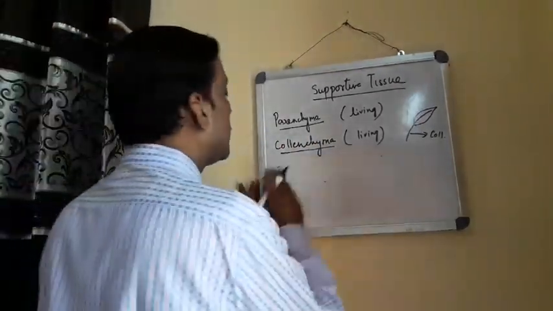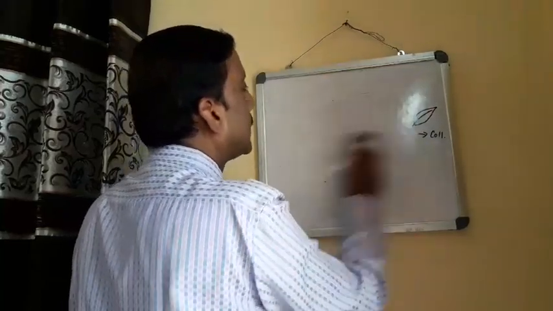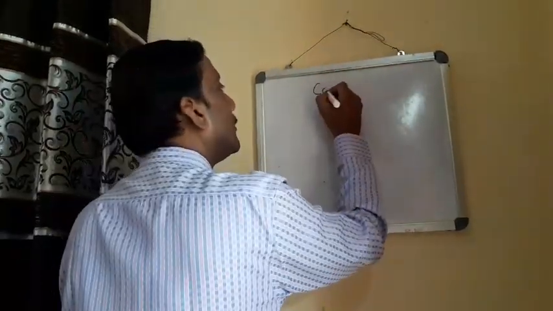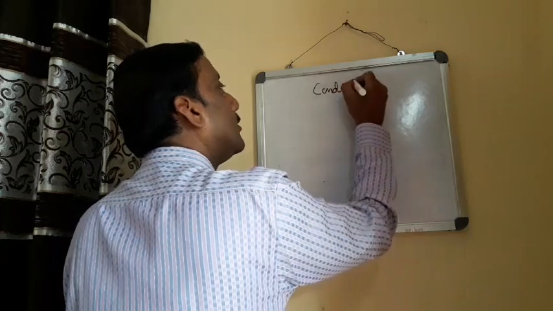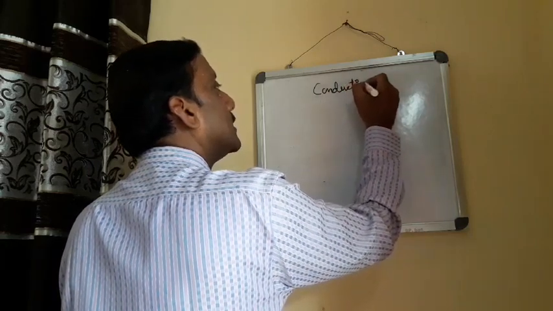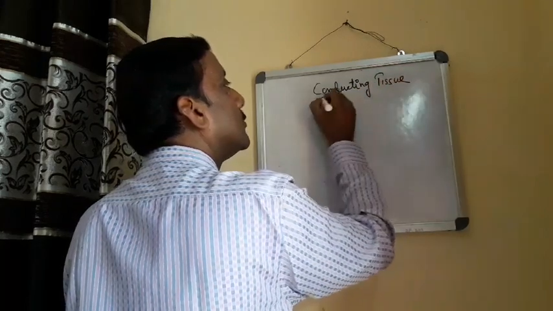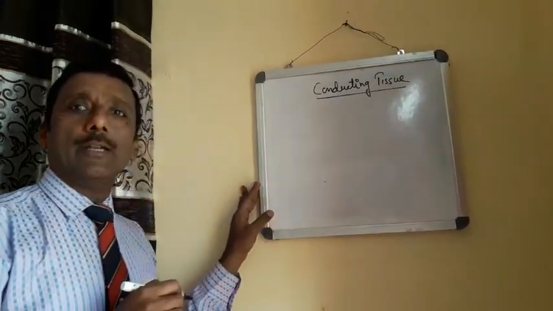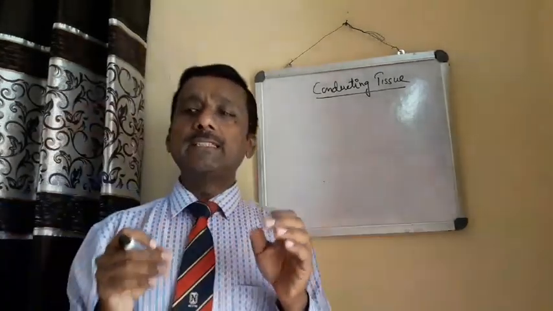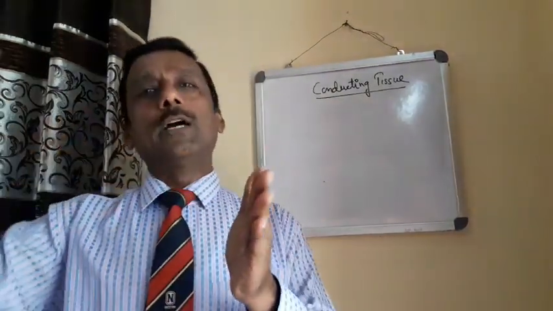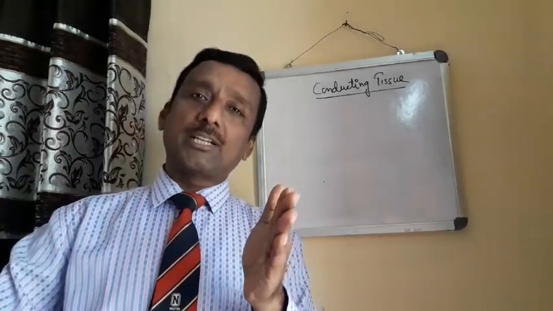Now we'll start with the last one, that is conducting tissue. We should know the meaning of conduction before understanding conducting tissue. Conduction means to transfer substance from one part of the plant to another part.